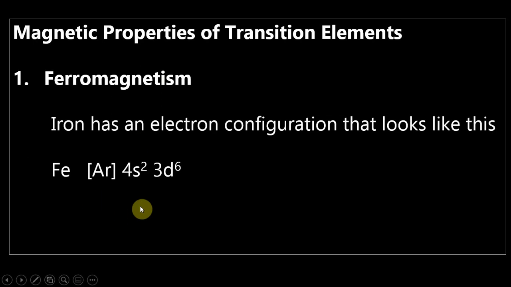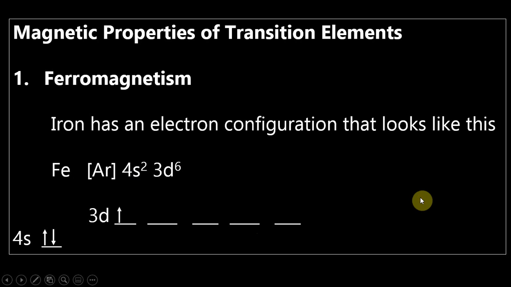Ferromagnetism results from the fact that the 4s2 3d6 configuration has a very interesting look to it. 4s has 2 electrons, and then 3d has 3 unpaired electrons.